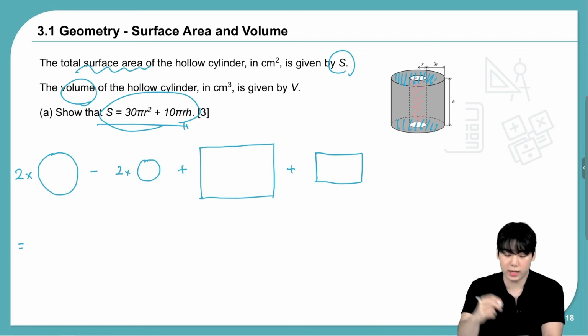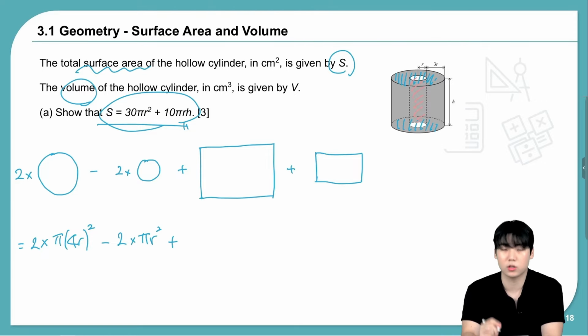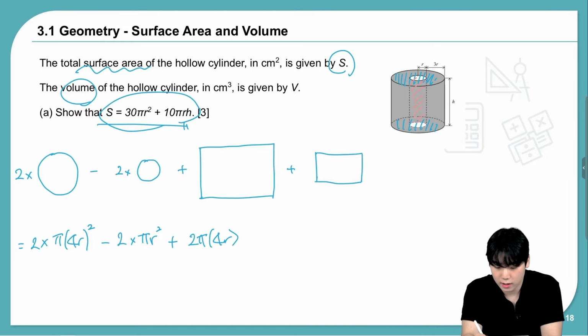The big circle is 2 times pi r square, so it's pi 4r square, minus 2 times pi r square, plus, what's the curved surface? It's going to be the circumference, which is 2 pi 4r h plus 2 pi r h.